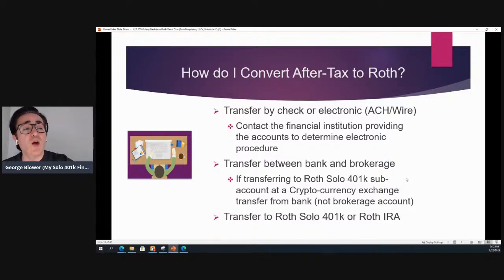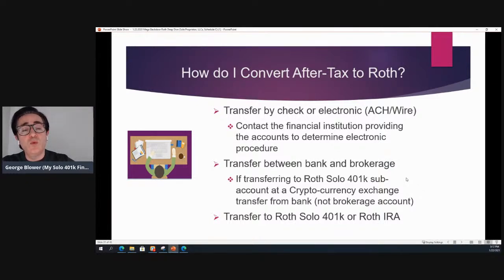And that's because of the brokerage account rules. But you could move the money from the after-tax sub-account at the brokerage to a Roth bank account. So to convert it from the after-tax to the Roth, go from brokerage to bank, in order to then fund the crypto account, right?